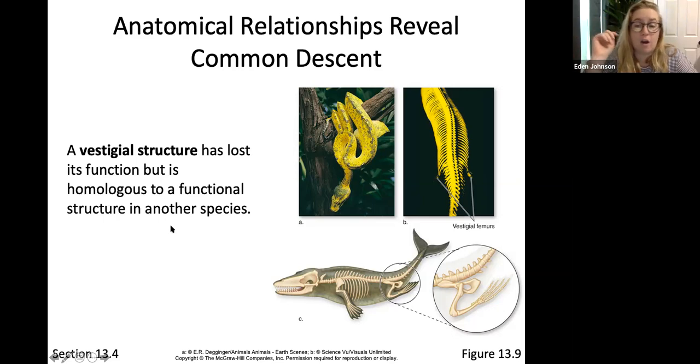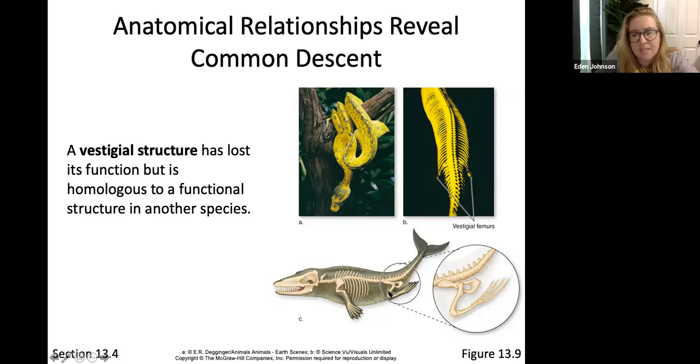So sorry about it. But vestigial structures are ones that have lost their functions. Okay. They literally serve almost no function whatsoever. It has lost its function, but is homologous to a functional structure in another species. So for instance, you have these vestigial femurs, okay, and it's the same thing over here.